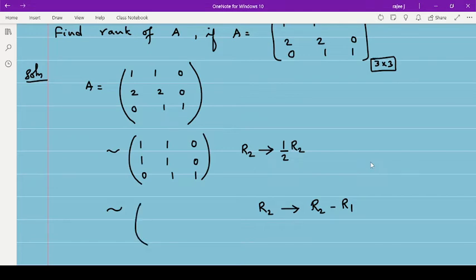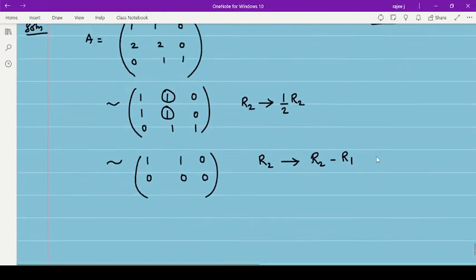So R2 changes to R2 minus R1, corresponding elements: this is R2, this is R1. So 1 minus 1 is 0. Now the second element, 1 minus 1 becomes 0. And here 0 minus 0 becomes again 0.